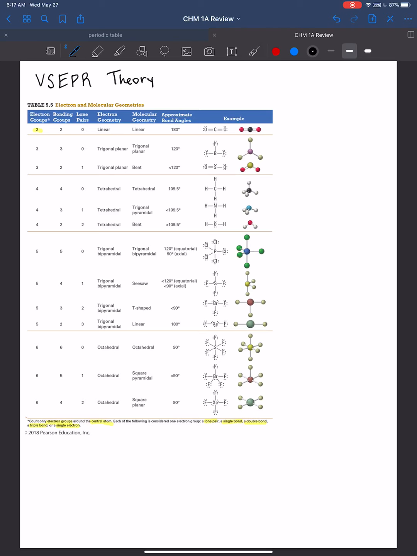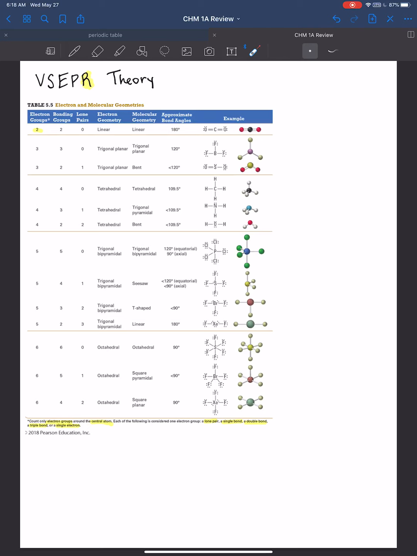And as the last letter of this acronym stands for, it's repulsion, right? They don't like each other, and so they're going to spread out as far away from each other as possible. So if we have two electron groups, the maximum bond angle they could form is 180.